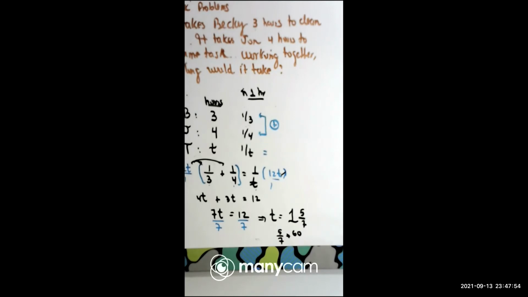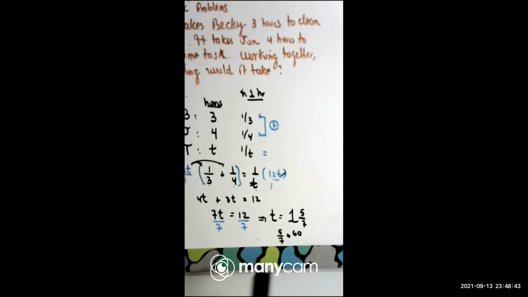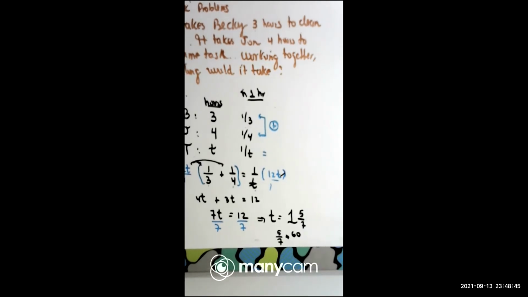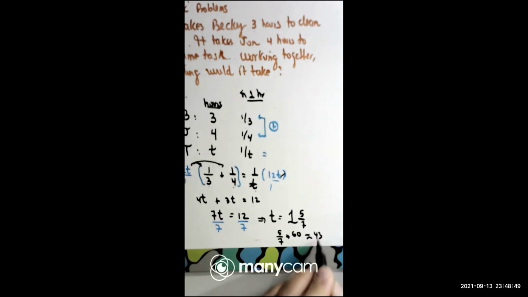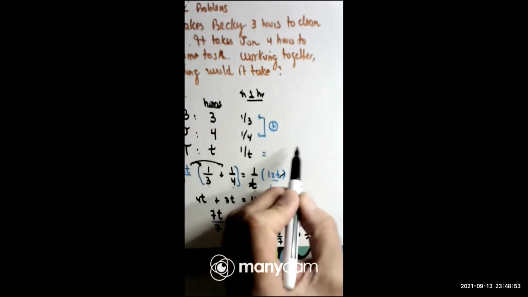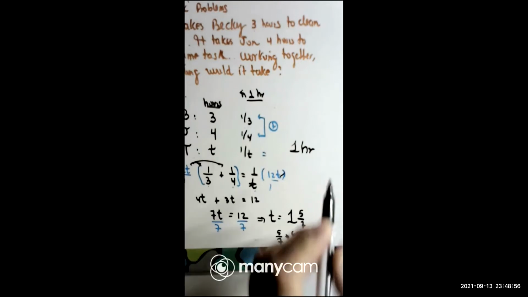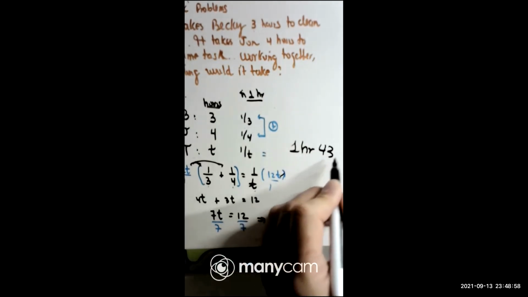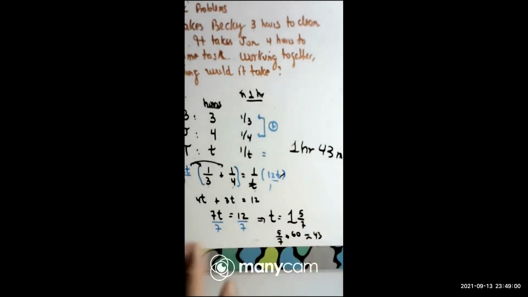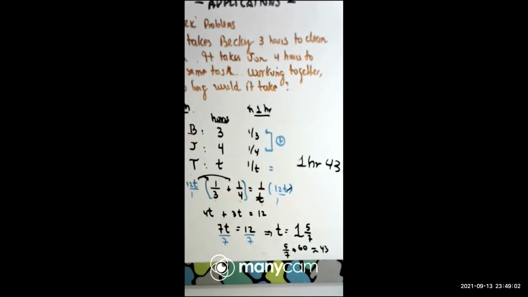That will be the number of minutes. 5 times 60 is 300. 300 divided by 7 is about 42.8, so approximately 43. So working together, these two will take about 1 hour and 43 minutes to clean the barn.